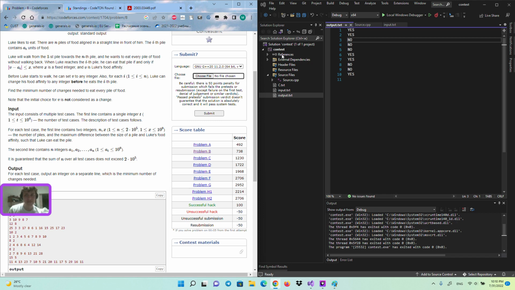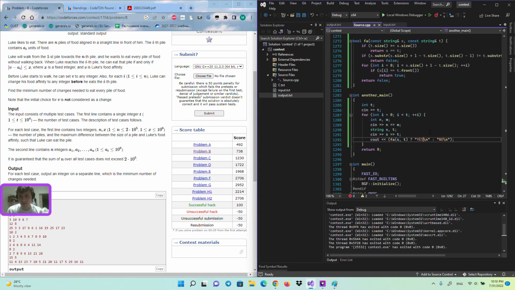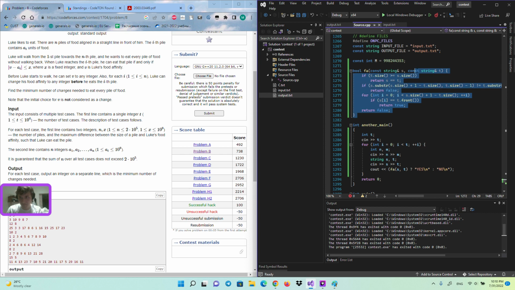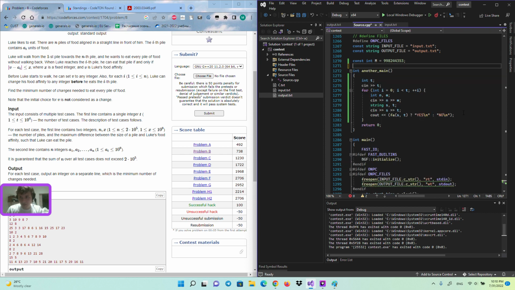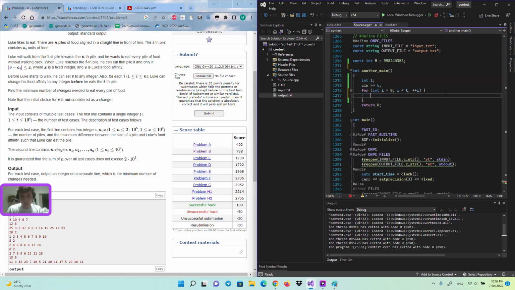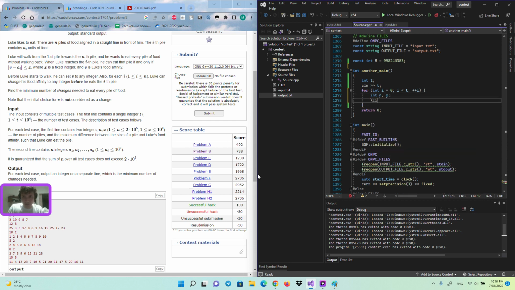Okay, I guess it's also a very easy problem, just a dynamic programming problem. So we start with reading n and x, the number of piles and the maximum difference between the size of a pile and Luke's food.